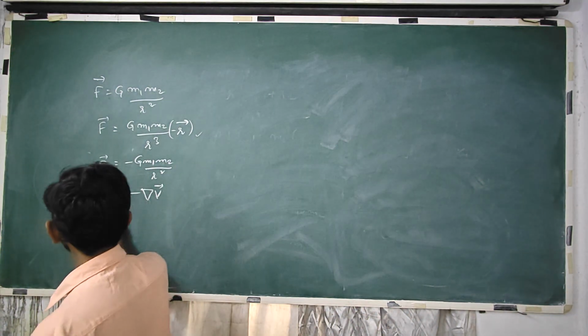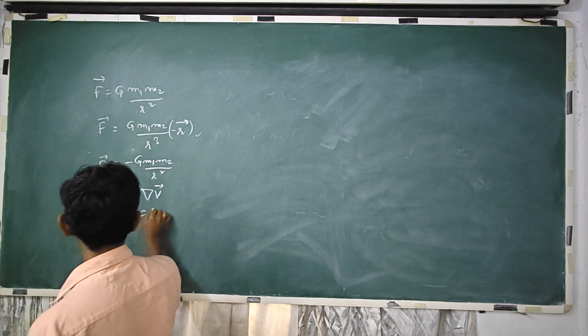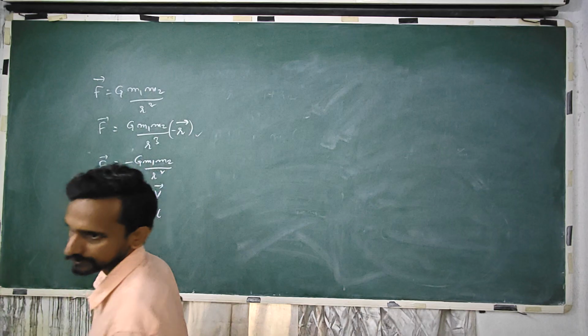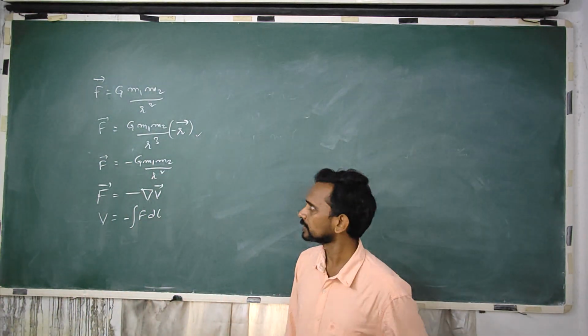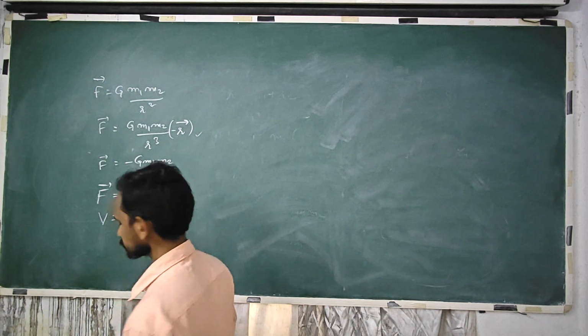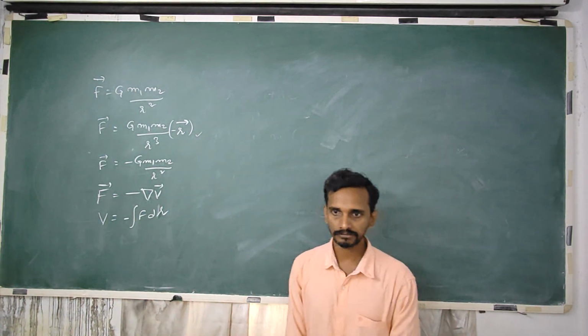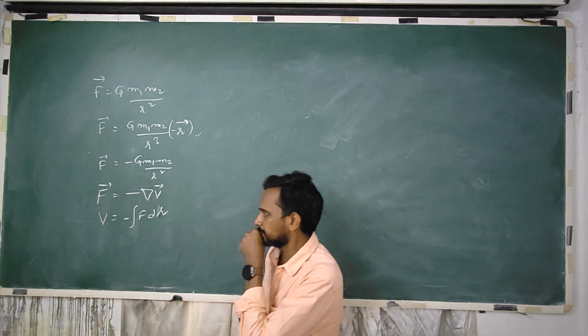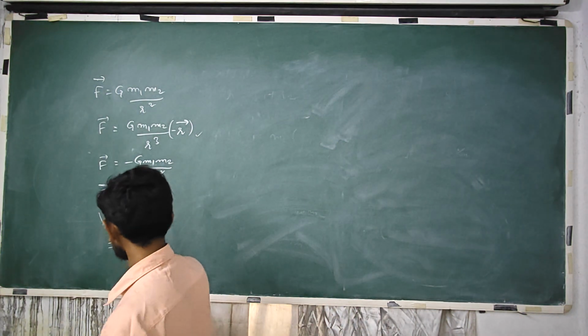So how do you get potential? V is integral F dot dl with a negative sign. So you have to integrate over the distance with a negative sign. So what do you get?